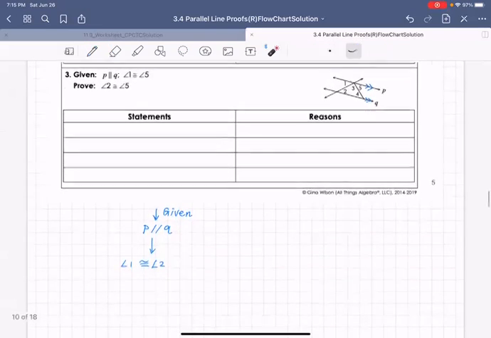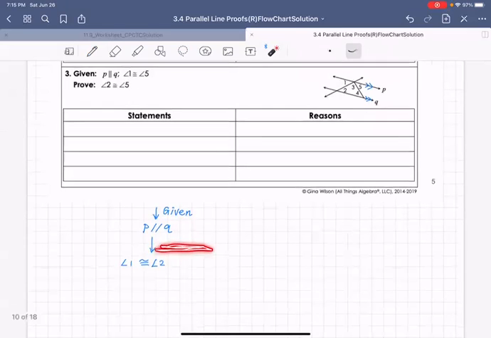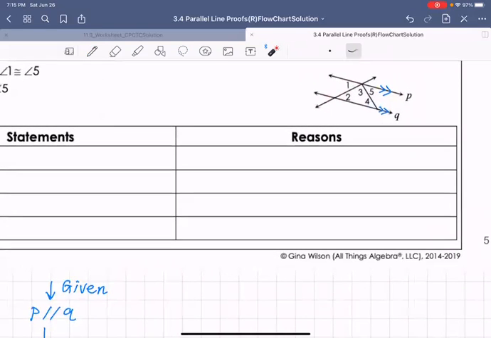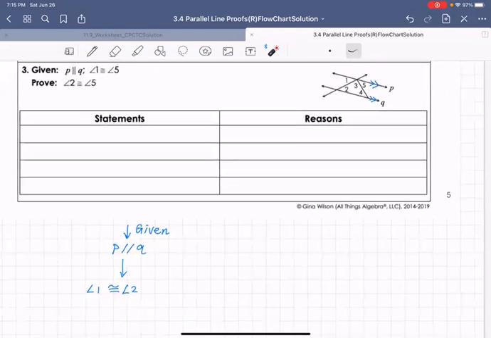So we want to write down something here. What should we write down? The vertical. Vertical angle. This is called vertical angle. Oh, so should it be alternate interior? Very good. Thank you. You should say alternate interior angle.